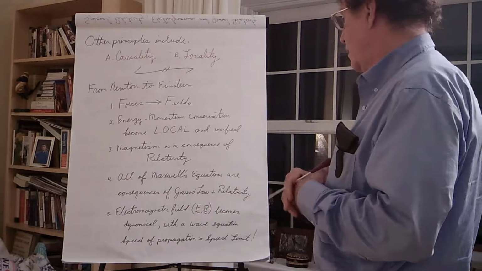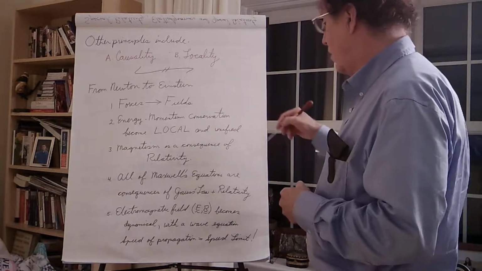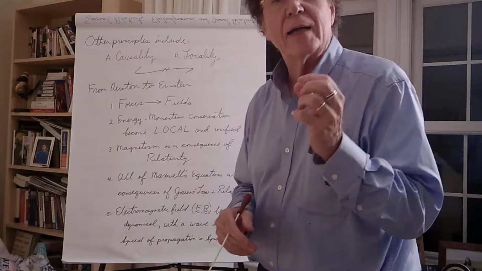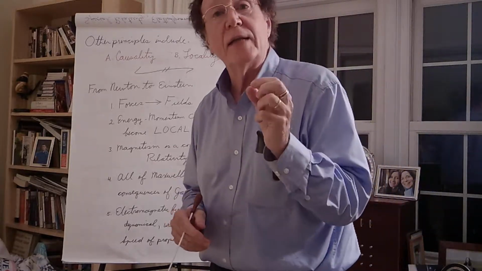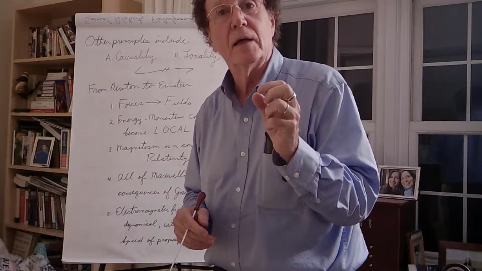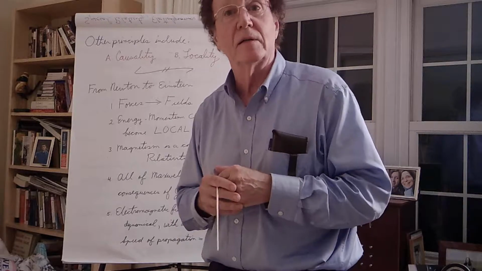We'll find that all of Maxwell's equations are consequences of Gauss's law plus relativity. Gauss's law, the idea that a charge density locally produces an electric field, that the charge density is proportional to the divergence of the electric field.